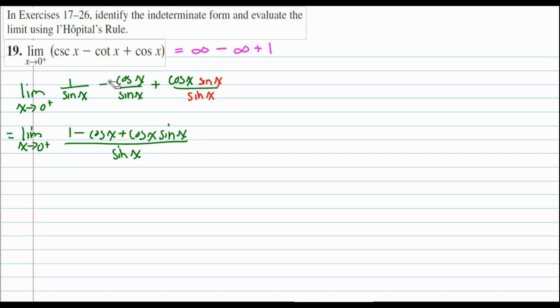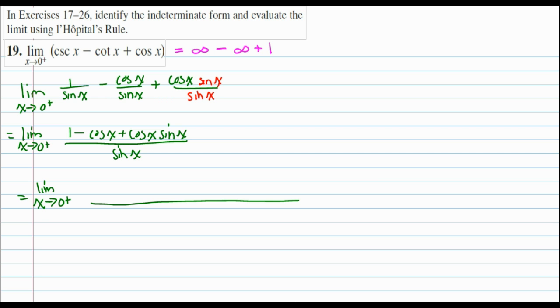So in the numerator I have 1 minus cosine of x plus cosine x sine of x. And then in the denominator is just my sine of x. Now if I plug in 0, I have 1 minus the cosine of 0, which is 1, plus 1 times 0. So I have 0 in the numerator over 0 in the denominator. The sine of 0 is 0. So I have now a 0 over 0 indeterminate form, which I can use L'Hopital's rule on.